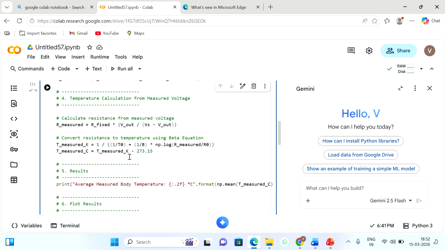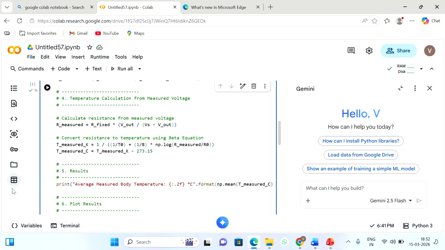This gives temperature in Kelvin, and to convert to Celsius, T_measured_C is equal to T_measured_K minus 273.15. Then plot the results.